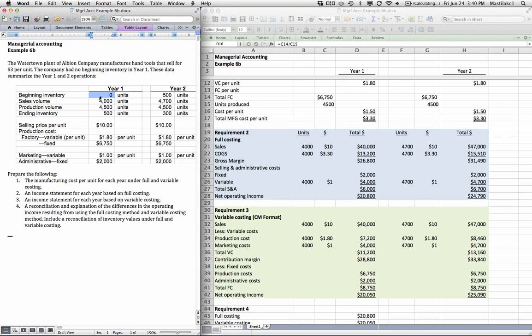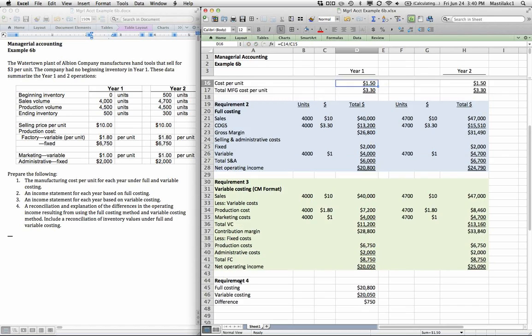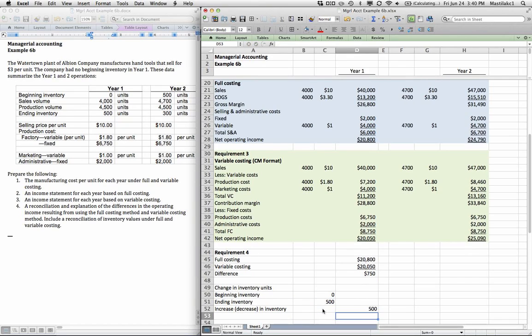We started the year with 0 units of inventory. We added 500 units worth of inventory with cost allocated. So one thing we can say is we have a change in inventory units: beginning inventory 0, ending inventory 500, so our increase is 500 units.